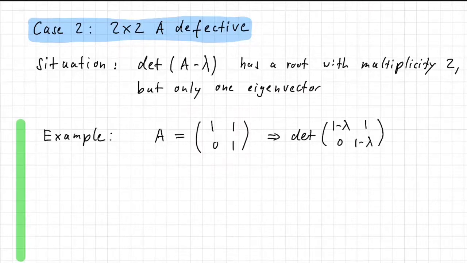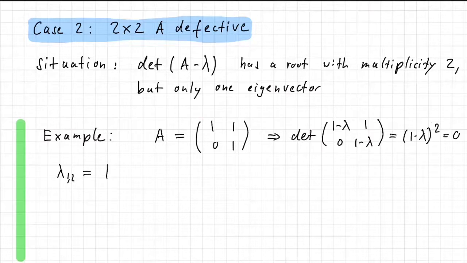And this is simply (1 minus lambda) squared, because the 0 times 1 is just 0. And this has to be 0. So we know that we have as our eigenvalues lambda 1,2 equal to 1. Okay, so there's just the eigenvalue 1.